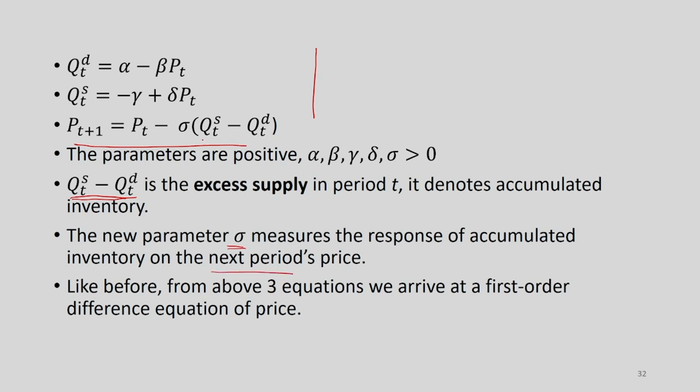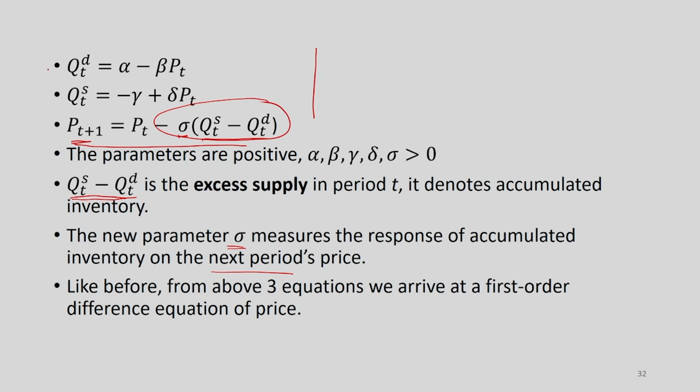So, if there is accumulated inventory, Qs(t) minus Qd(t) is positive, then that is going to affect the price in the next period. And how much does it affect? That response is measured by sigma. In particular, Qs(t) minus Qd(t) affects the next period's price in a negative manner because it measures the excess supply, that is accumulation of inventory, and that reduces the price.